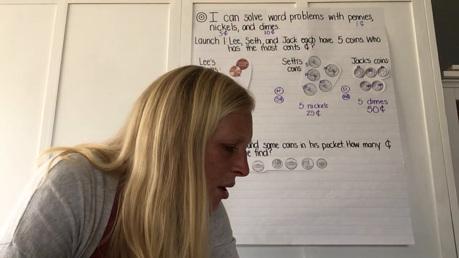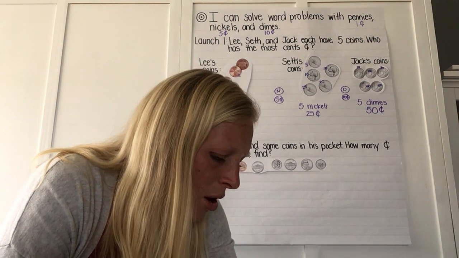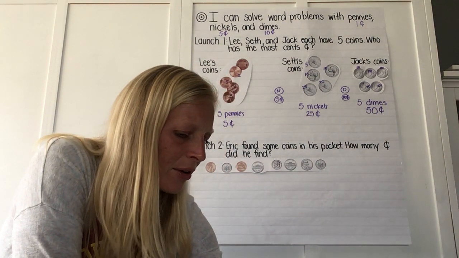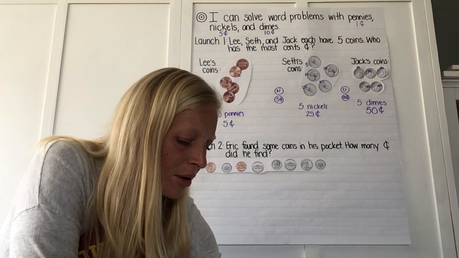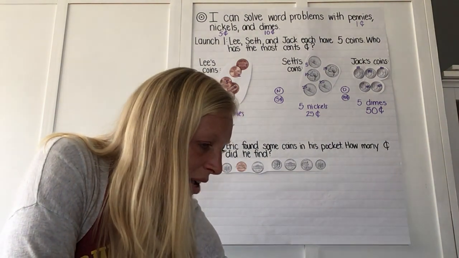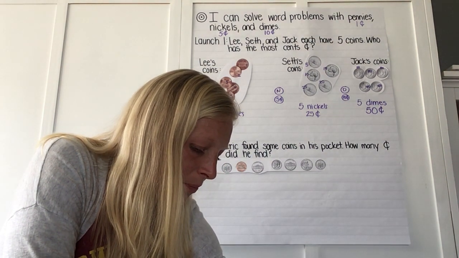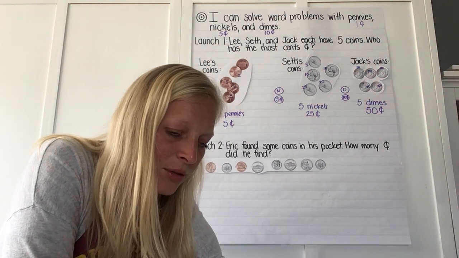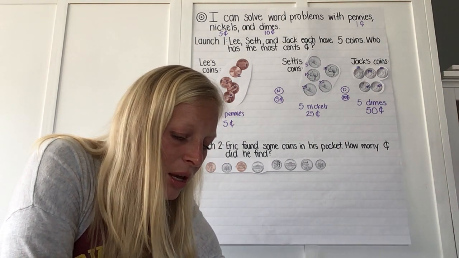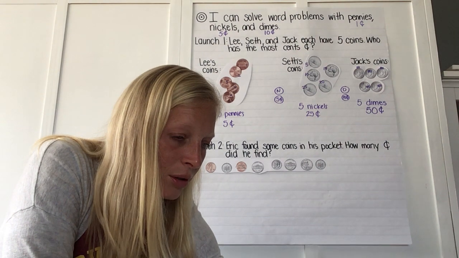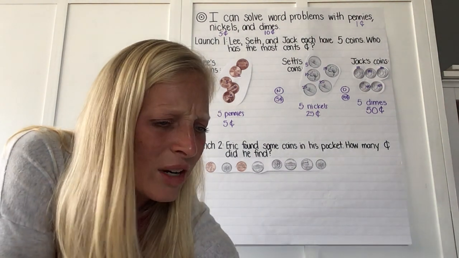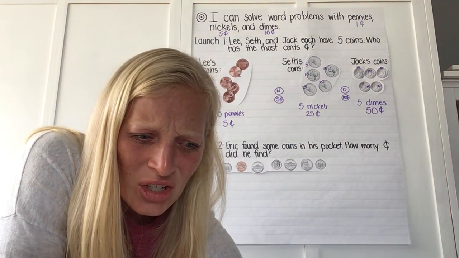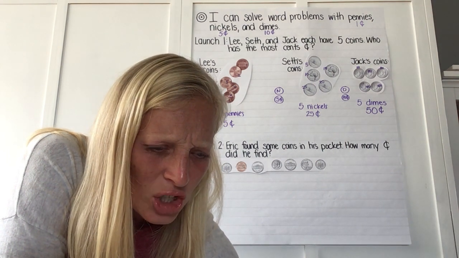What did you do with your coins? And why did you group them together? Oh, and what did you count first? Then what did you count? And how did you find your total? What equation did you write to match this picture or this model?